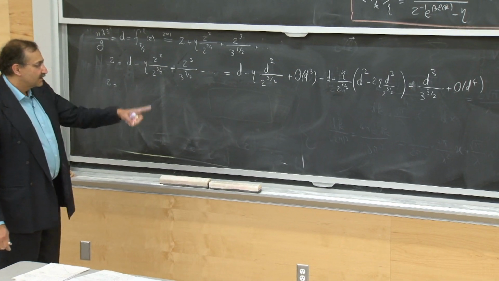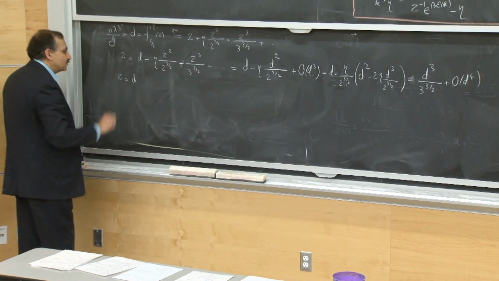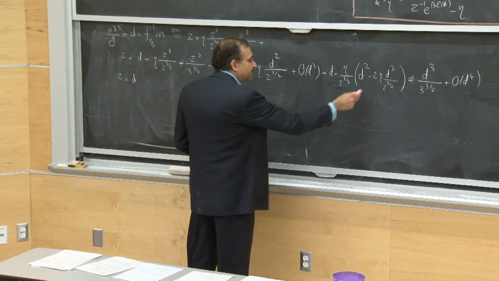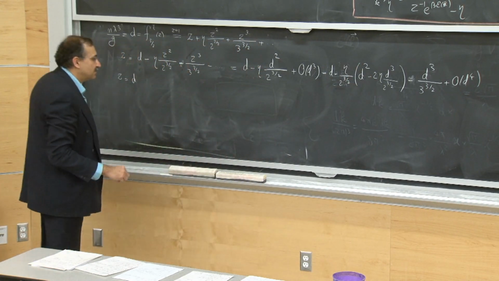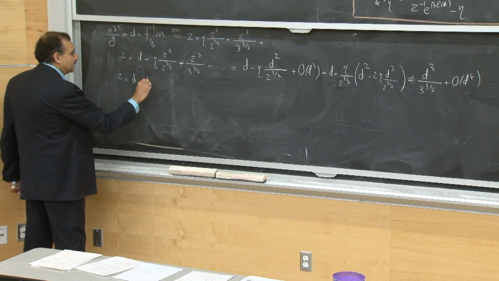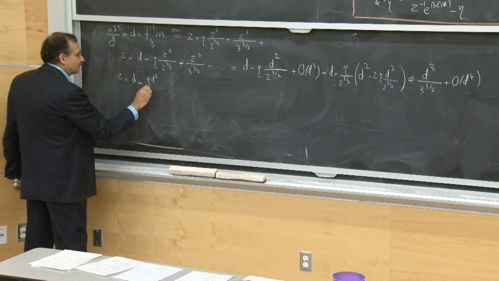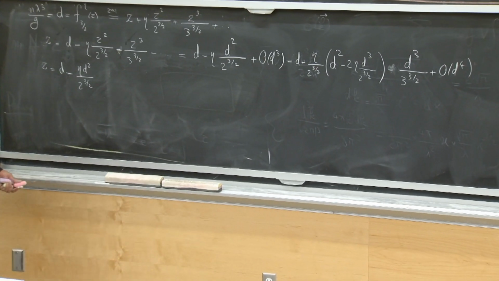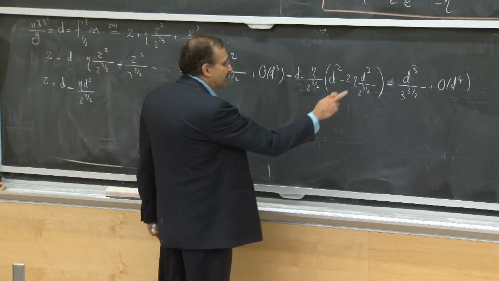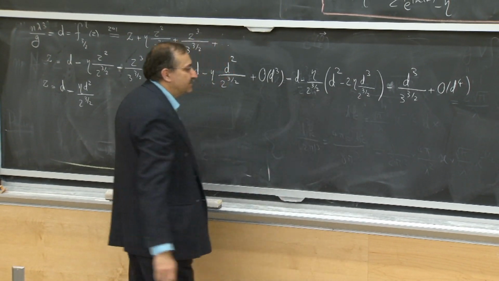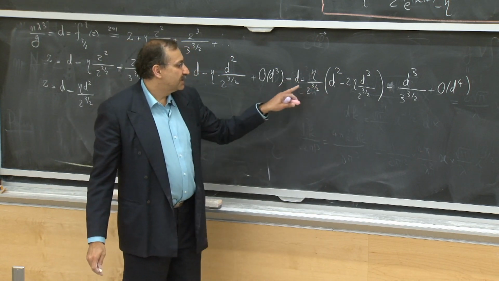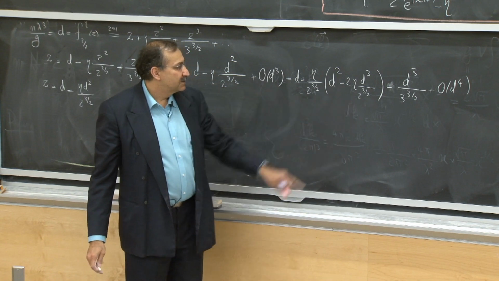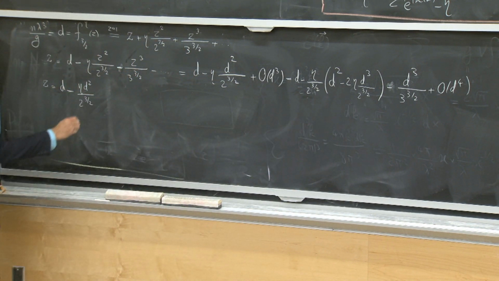Fine. Now let's organize terms. To lowest order, I have d. At order of d squared, I have still just this one term, minus eta d squared over 2 to the 3 halves. We knew that was the correct result at order of d squared. At order of d cubed, I have two terms. One is the product of these two terms. The etas disappear, minus 2, and this will give me 2 over 8, which is 1/4.